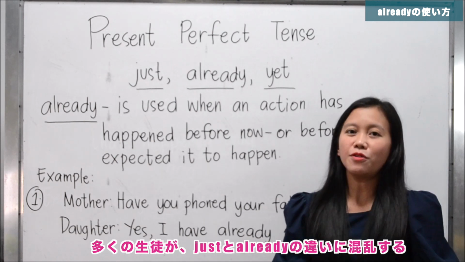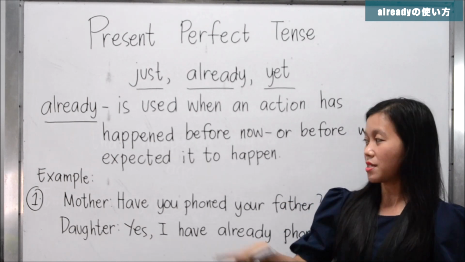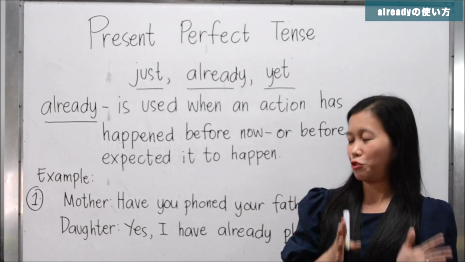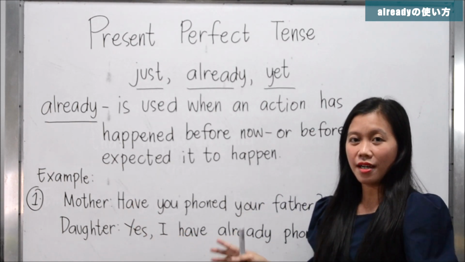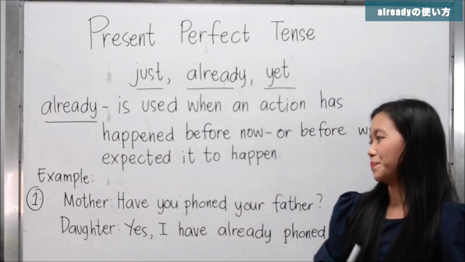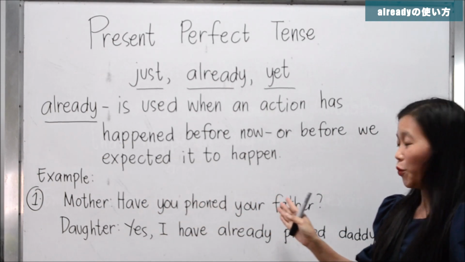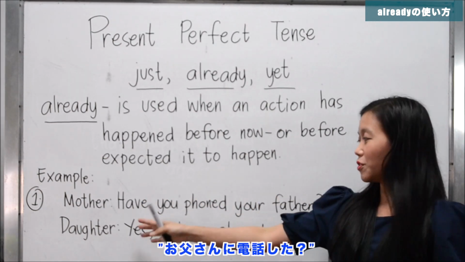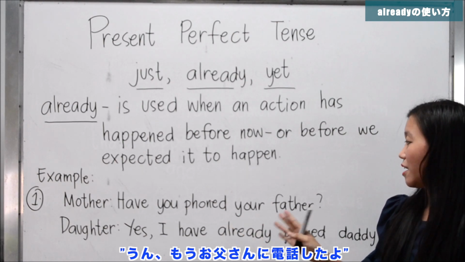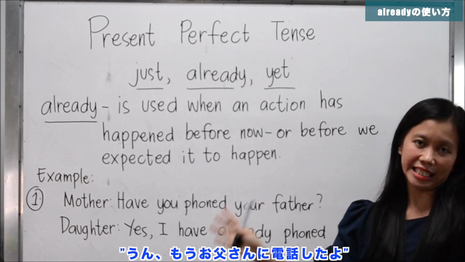For you to understand more, there is an example dialogue between a mother and a daughter. Have you phoned your father? And the daughter answered, yes, I have already phoned Daddy.